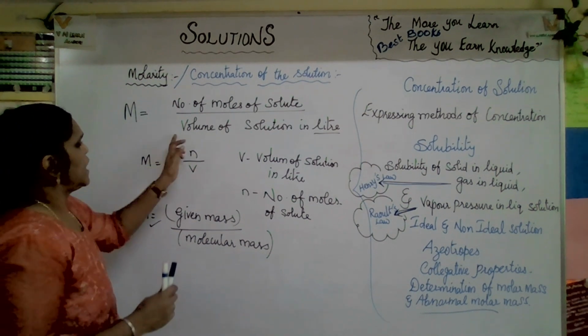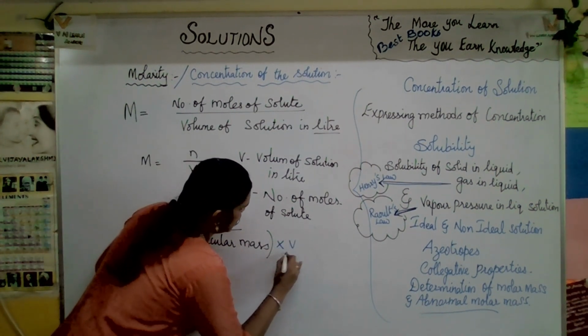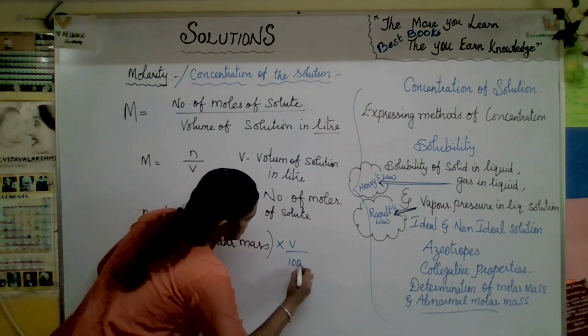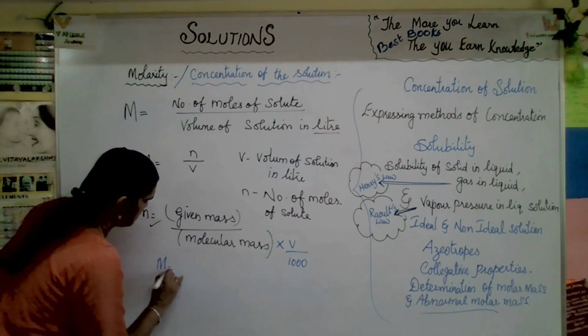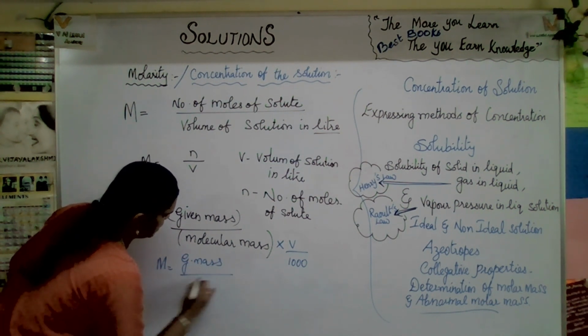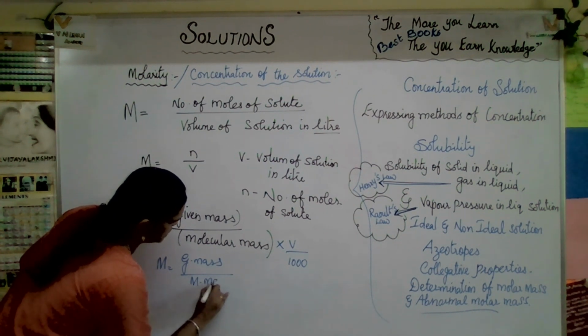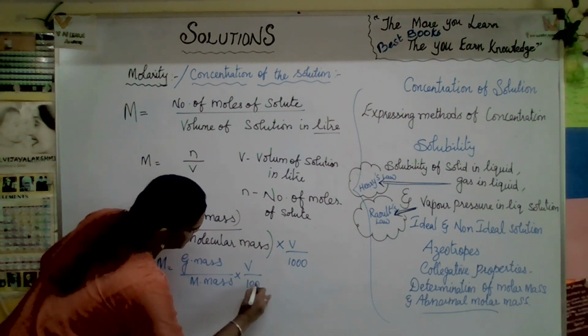Now we have to check the volume of the solution in liter, so we write volume of the solution divided by 1000. So capital M is equal to given mass divided by molecular mass into V by 1000.